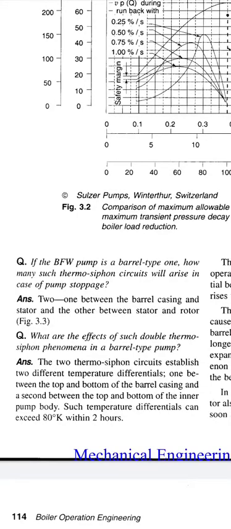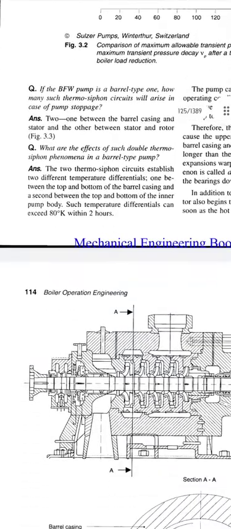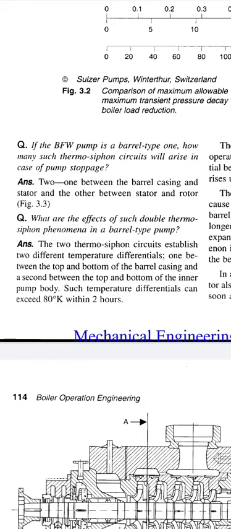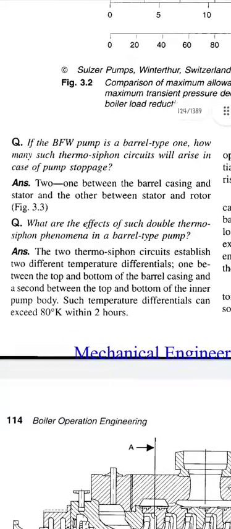In figure 3.3 we will see. So the next question: what are the effects of such double thermosiphon phenomena in a barrel type pump? Answer: the two thermosiphon circuits establish two different temperature differentials, one between the top and bottom of the barrel casing, and a second between the top and bottom of the inner pump body.